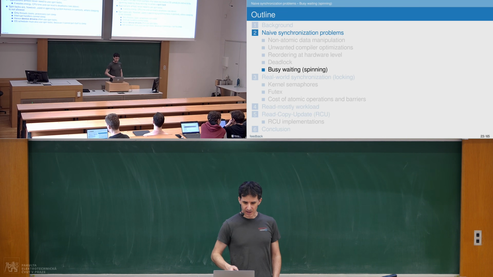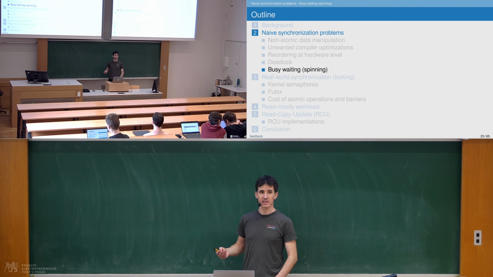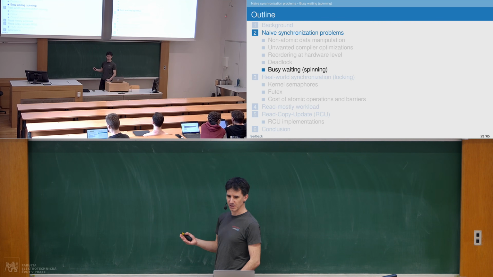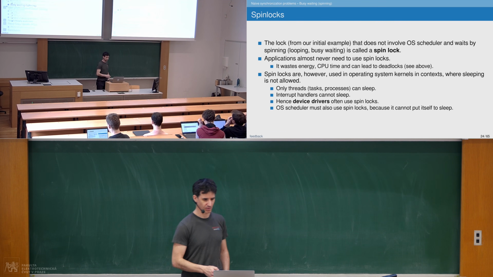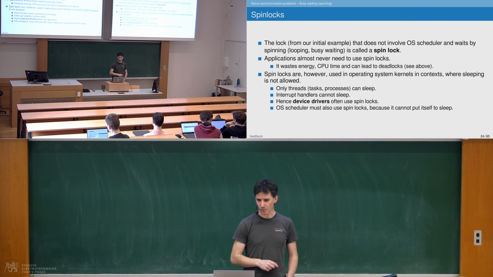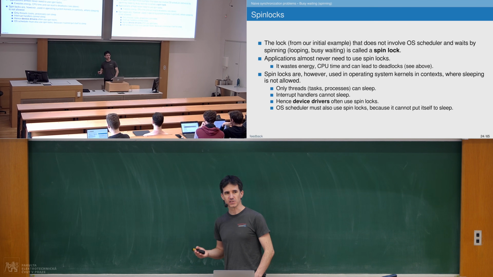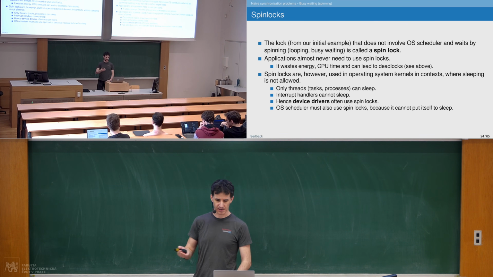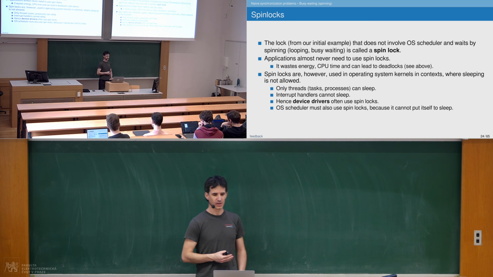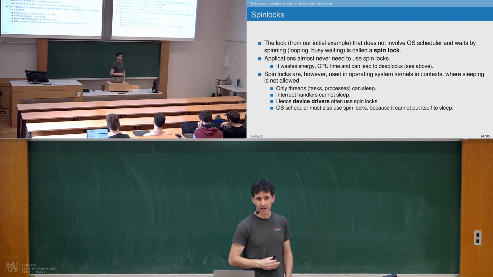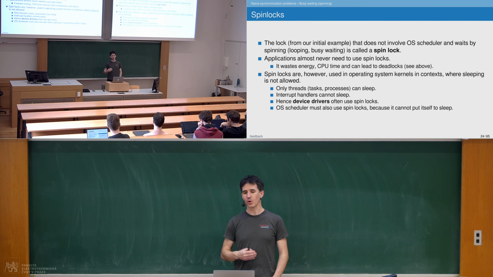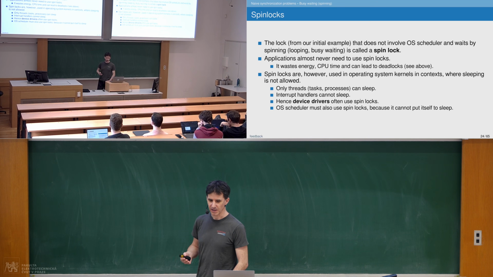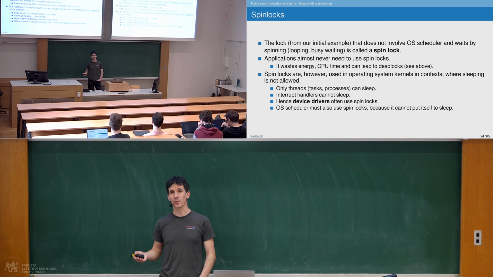And another problem is busy waiting. You already know that busy waiting is problematic. You consume energy and so on. By using proper mutexes, which coordinate synchronization with the kernel and block in the kernel, you avoid this busy waiting. However, it's not always possible to avoid busy waiting if you are implementing the operating system.